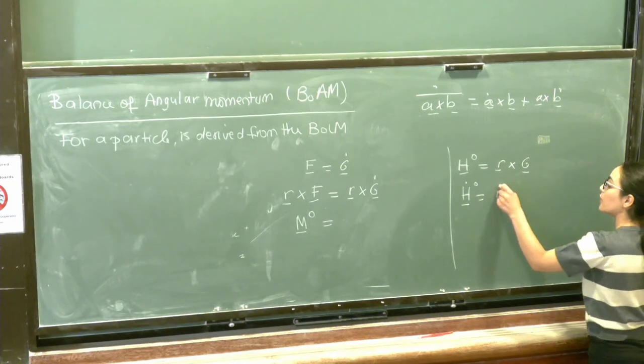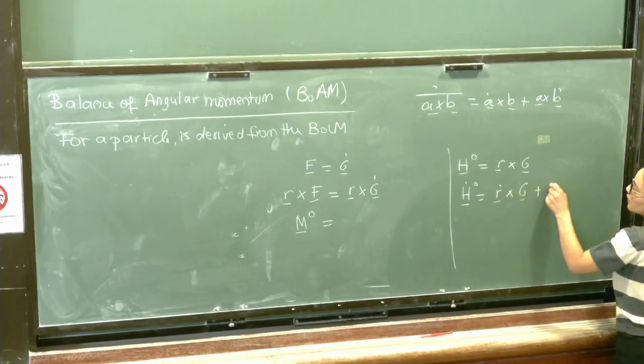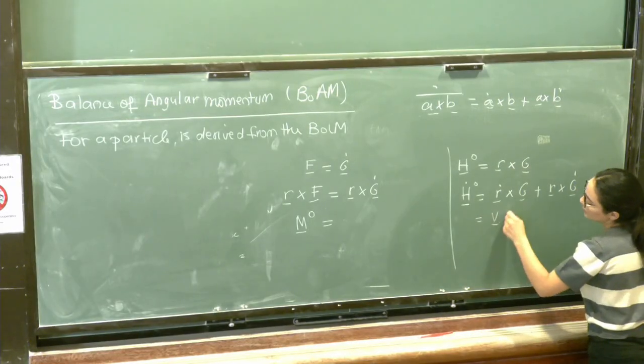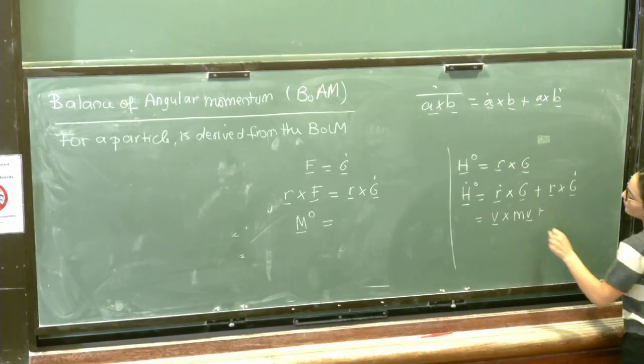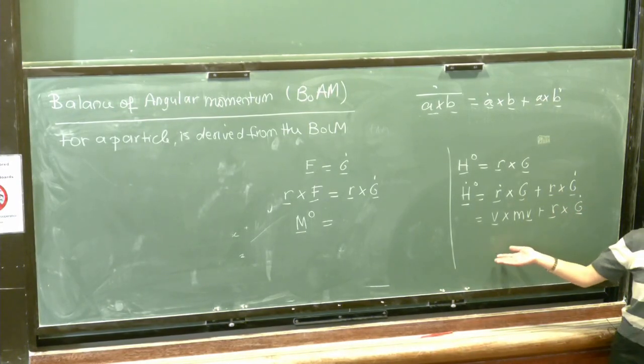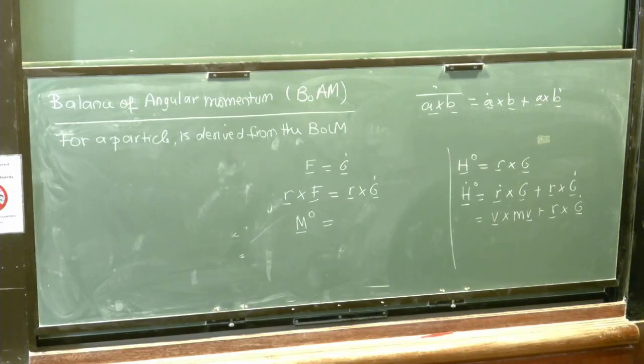Yeah, R dot cross g plus R cross g dot. So that's basically V cross MV plus R cross MV dot, or g dot. What is V cross MV?